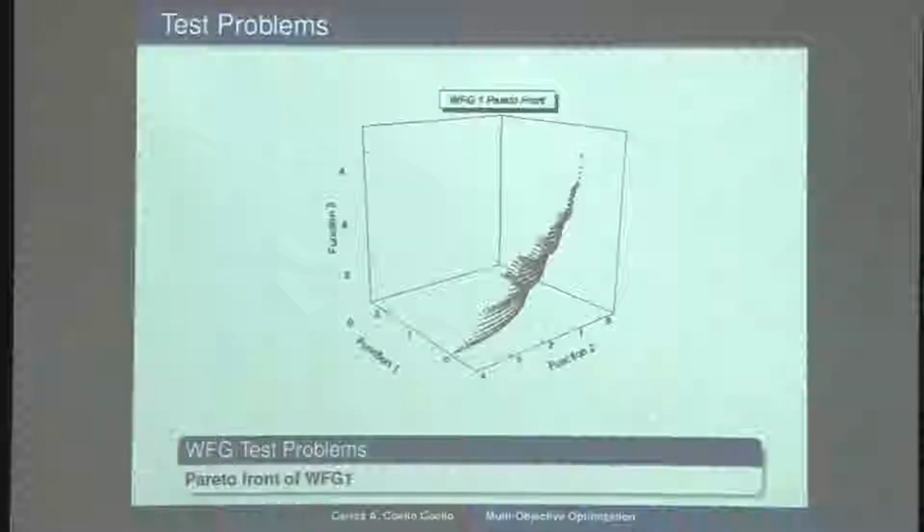In the year 2006, I had a student who was working on designing a variation of the epsilon constraint method using differential evolution and something we call a cultural algorithm. And he came out with a very interesting algorithm that was very powerful.